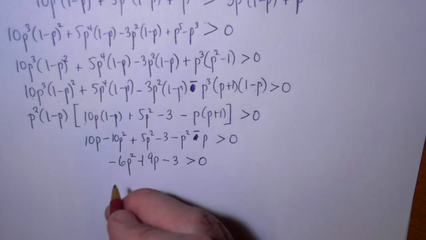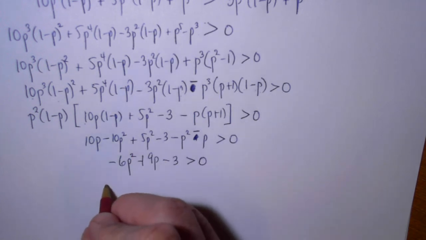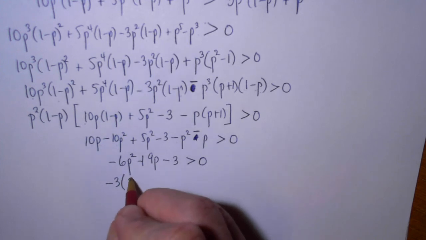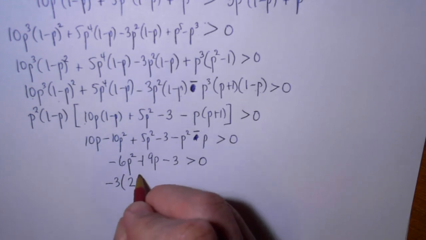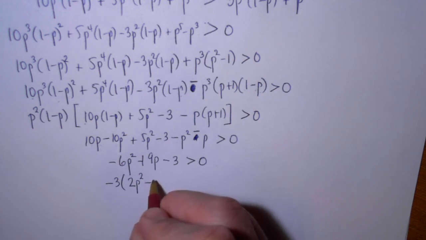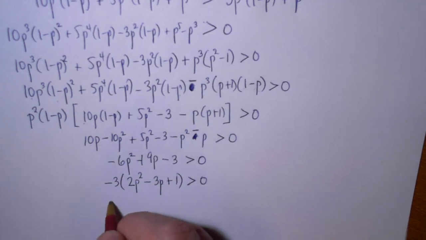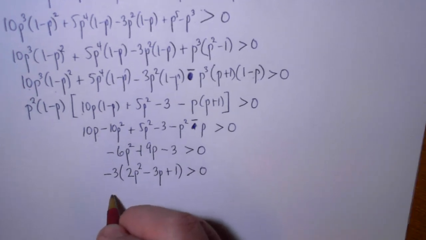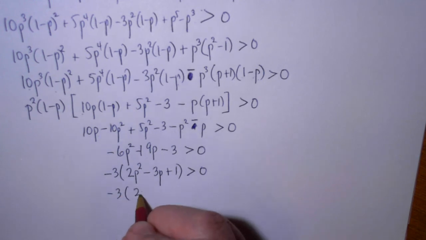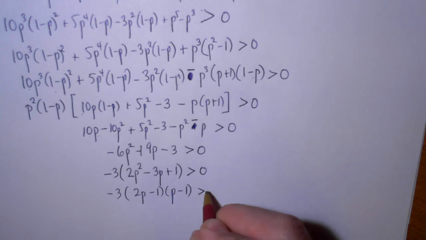Okay, I can factor out negative 3 out of this, and that leaves me with 2p squared minus 3p plus 1 greater than 0. And that factors as minus 3. Then I'm left with 2p minus 1 times p minus 1 needs to be greater than 0.